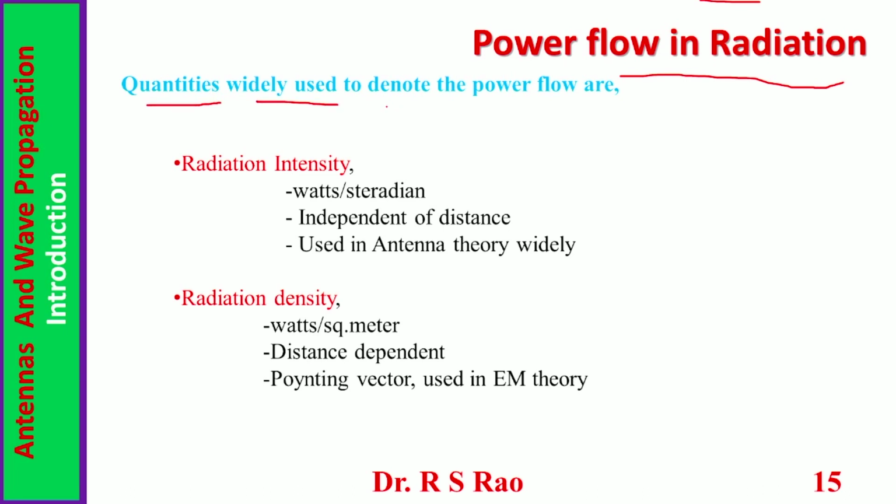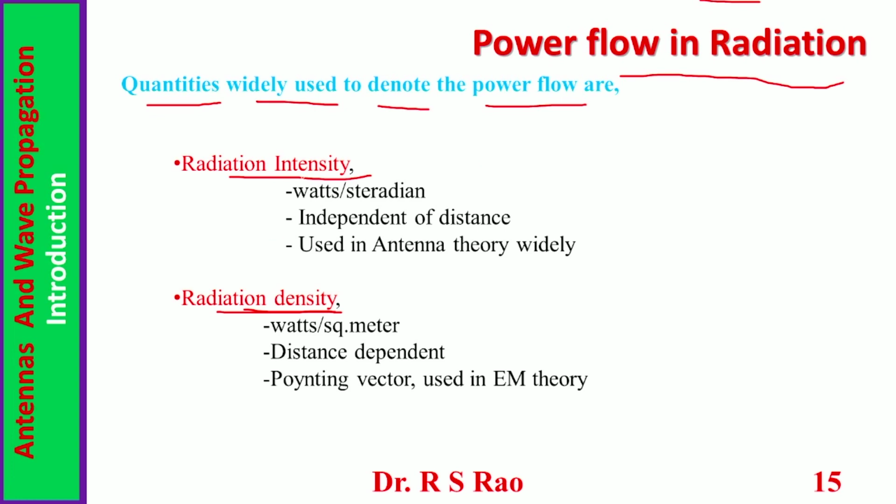Quantities widely used to denote the power flow are the radiation intensity and the radiation density. Both give information regarding the amount of power that is flowing in the radiation.